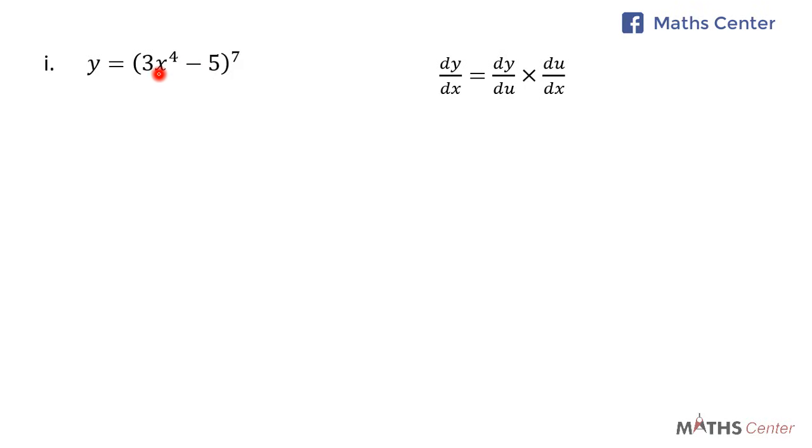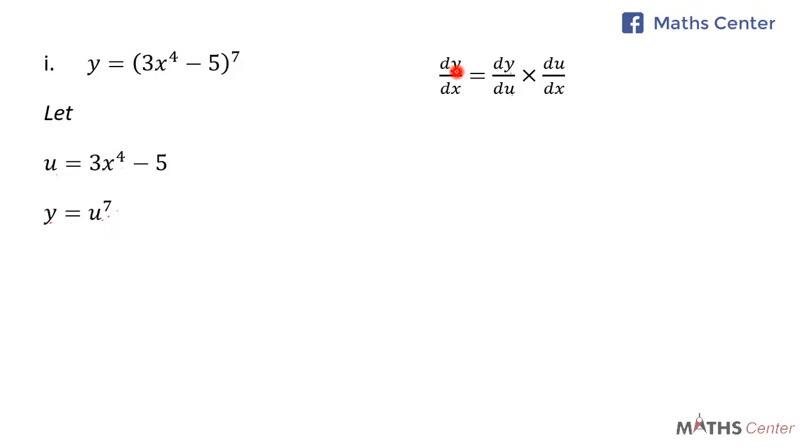So here the term is 3x^4 - 5, so we let u be equal to 3x^4 - 5. As soon as you do that, we can replace 3x^4 - 5 with u, and so you have y equal to u^7. So we now have y as a function of u and u as a function of x, so you can use the chain rule.